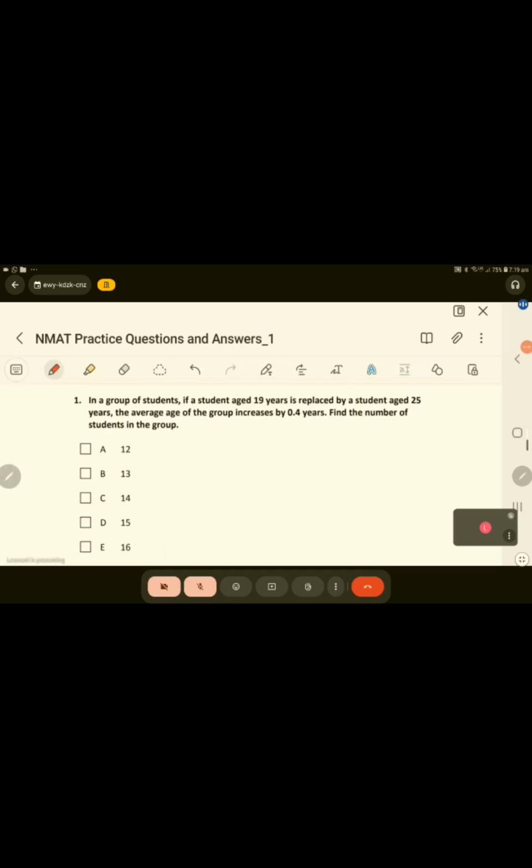So in a group of students, if a student aged 19 years is replaced by a student aged 25, the actual increase is 25 minus 19, is that not? So we can say what was there before: the sum that was there before divided by n, plus the 6 that is added divided by n, will give us the average that was there before plus the new increase, which is 0.4.